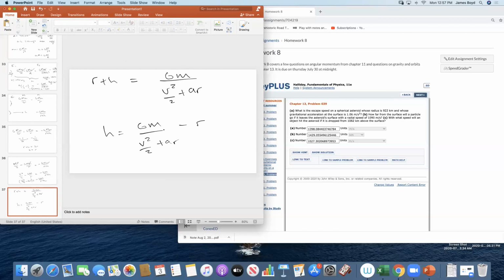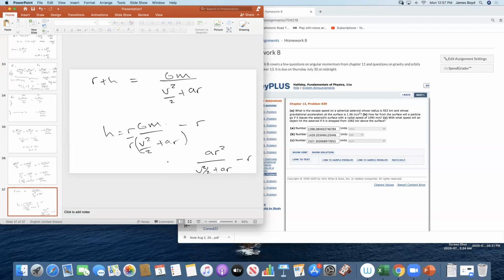If I multiply by 1 over R, what I get here is R over R, I should say. I would get aR squared over v squared over 2 plus aR, minus R. All I did was I multiplied through by R over R. And that becomes GM over R becomes aR times another R is R squared.